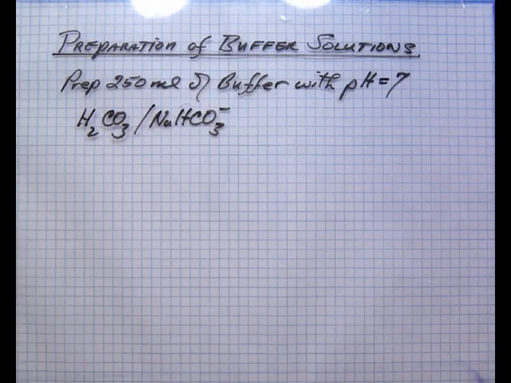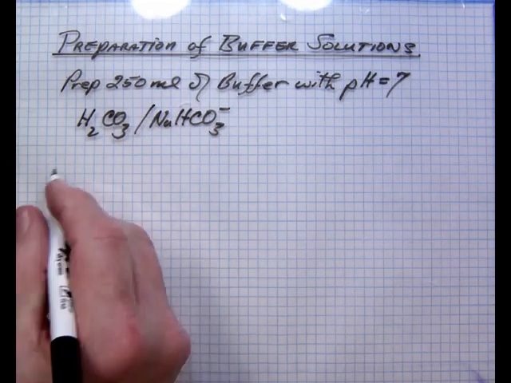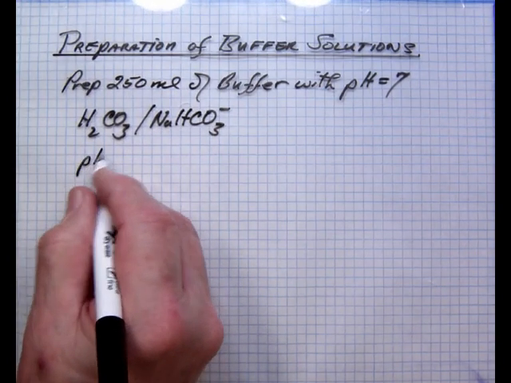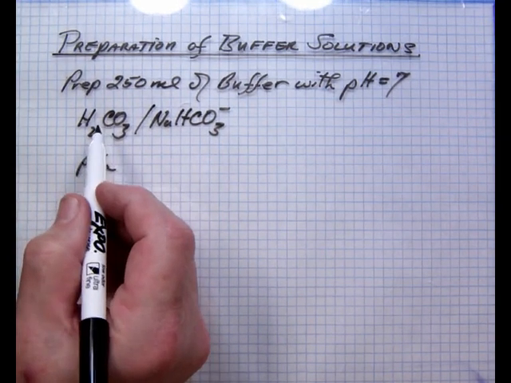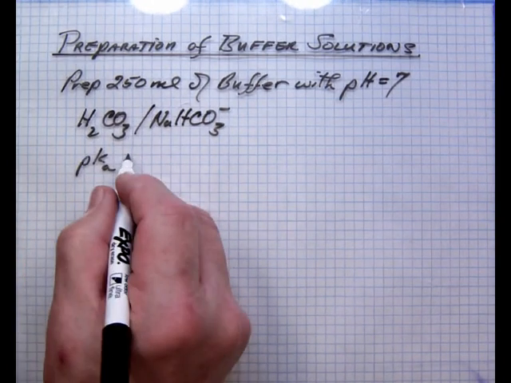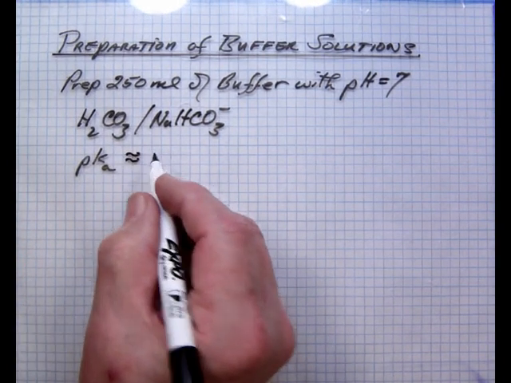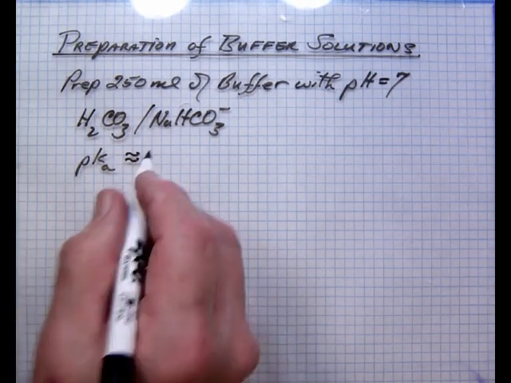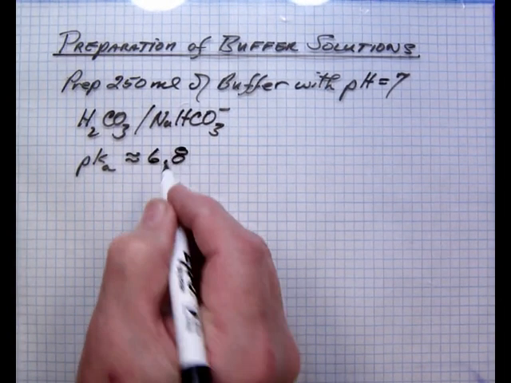And the reason I chose this is because the pKa of the acid that you're selecting is approximately 7. That is, this one is specifically listed at 6.8.